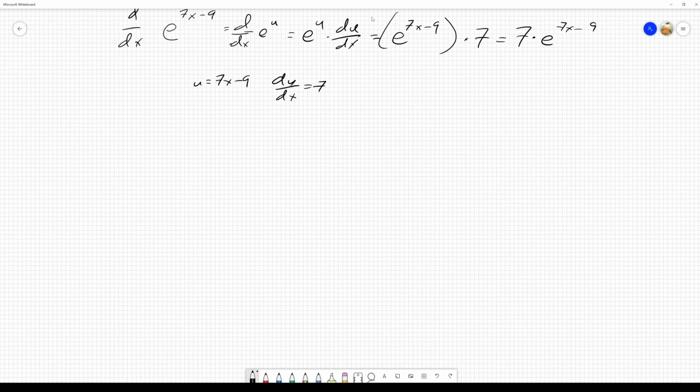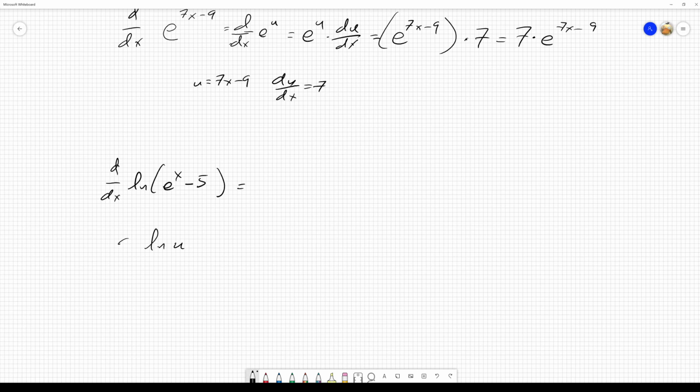What about the derivative with respect to x of the natural logarithm of e to the x minus 5? So again, I think of this as the natural logarithm of u.